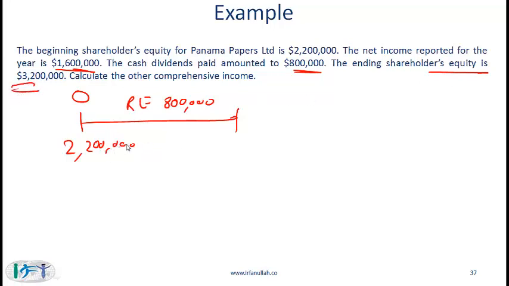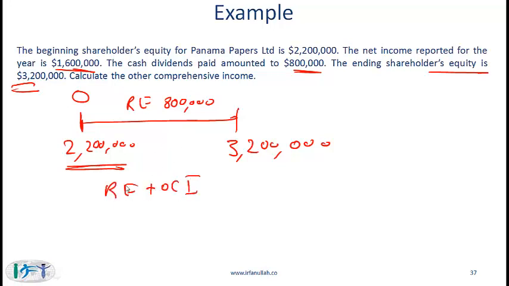Now, if you recall, the item that explains the difference between 2.2 million, the starting equity, and the ending equity, 3.2 million, is the comprehensive income. And comprehensive income is made up of net income, or actually the retained earnings, and other comprehensive income.